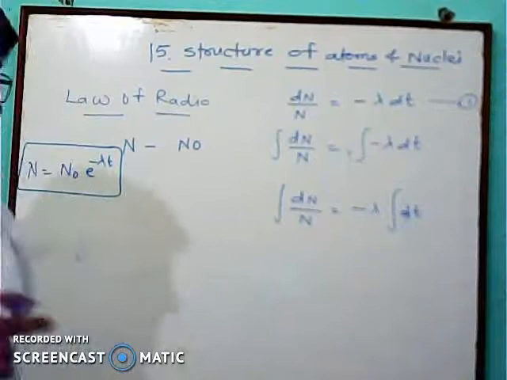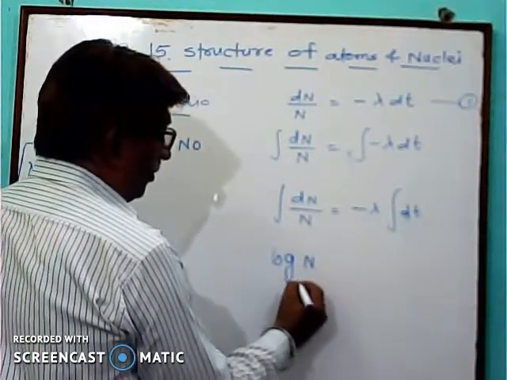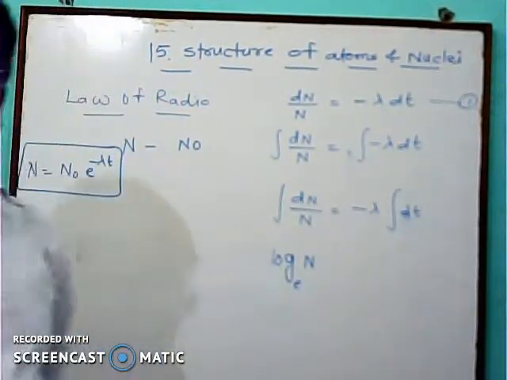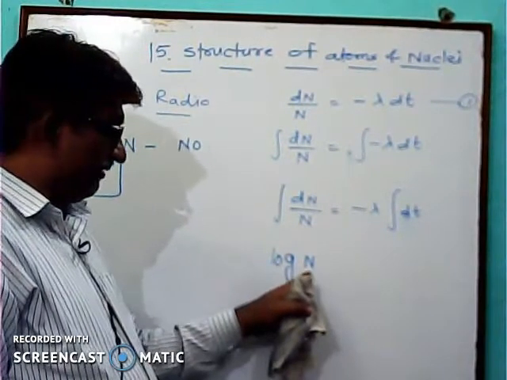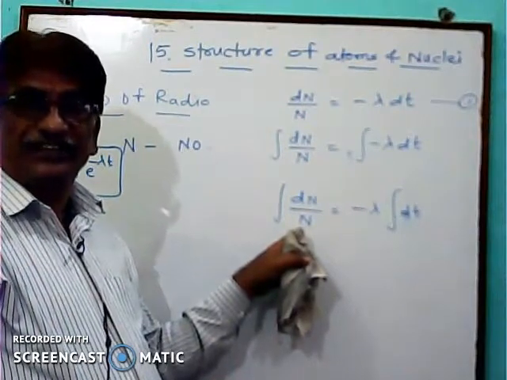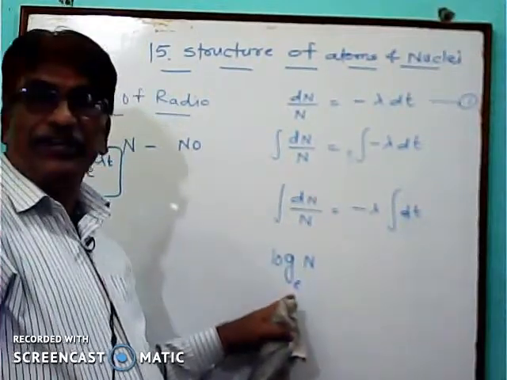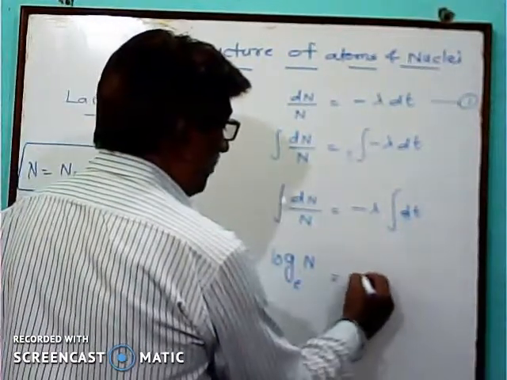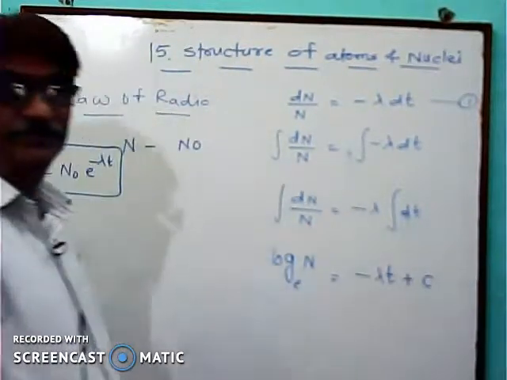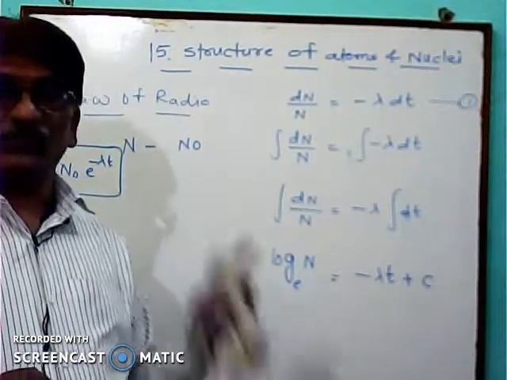If we integrate this, the formula is log of N to the base e, where N is the number of atoms present at time t seconds, equal to minus lambda t plus c. Why plus c? Because c is the integration constant.